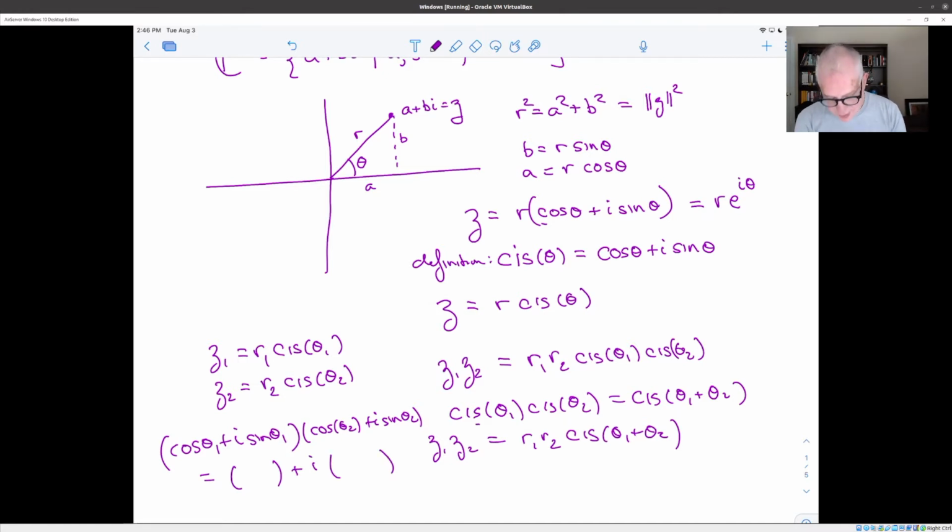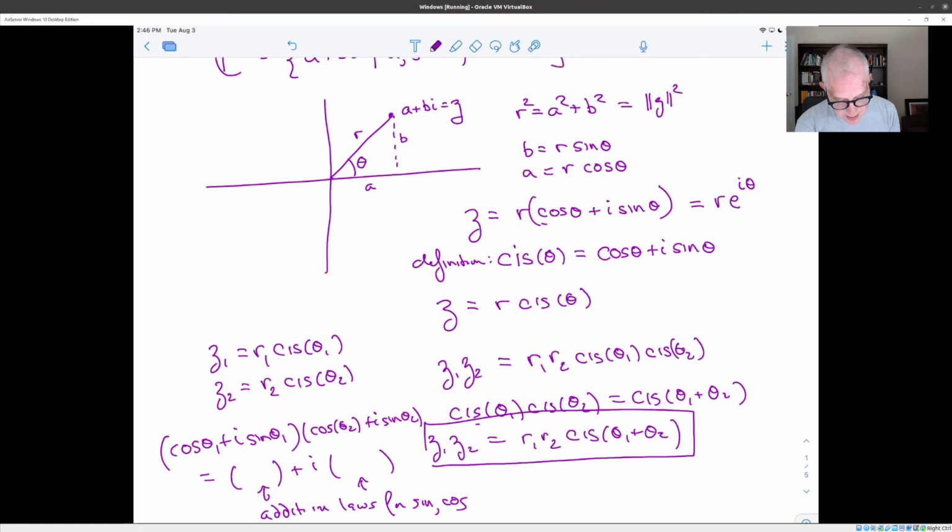And if you look at these somethings and use the addition law for sine and cosine, you can eventually figure out that this turns out to be the cosine of theta 1 plus theta 2, and this turns out to be the sine of theta 1 plus theta 2, and therefore you get this formula.